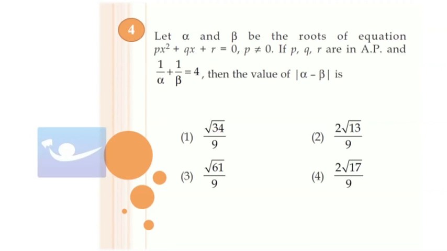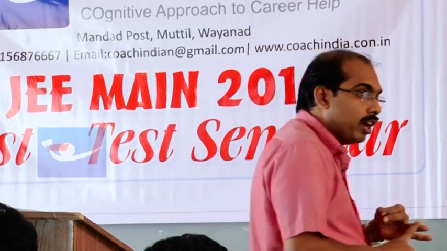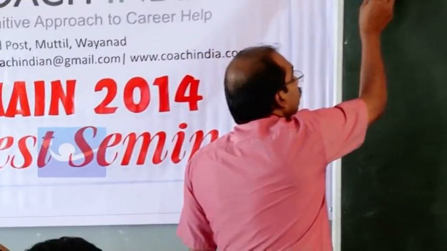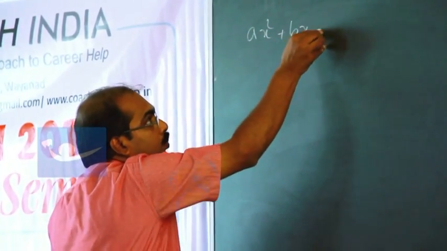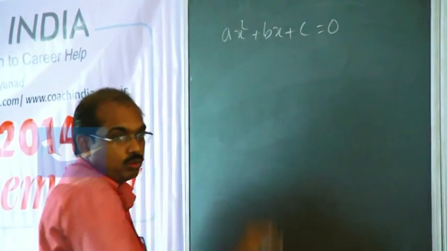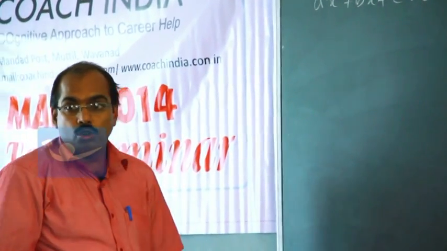You know the expression for alpha plus beta and alpha into beta if you are given a quadratic equation. But there is an expression for the difference of the roots of the quadratic equation also. Suppose you have the quadratic equation ax square plus bx plus c equal to 0. You know alpha plus beta is minus b by a and alpha into beta is c by a.